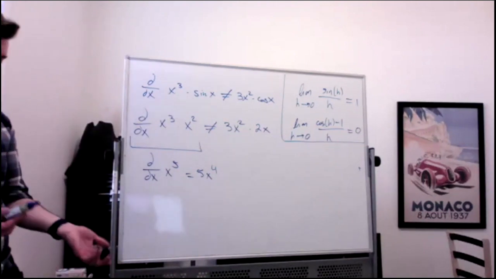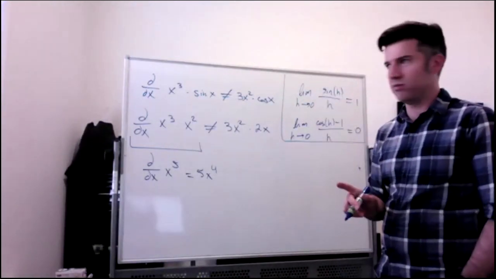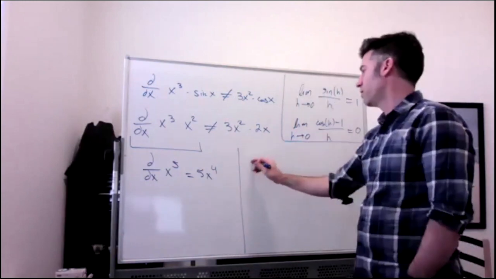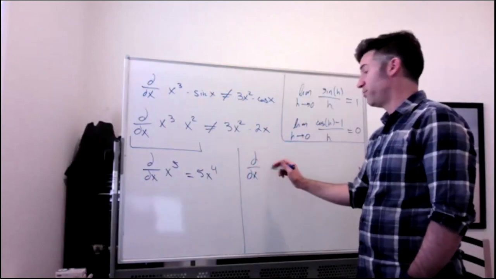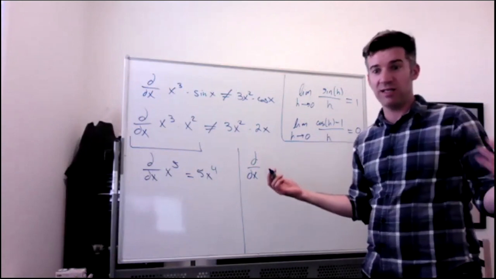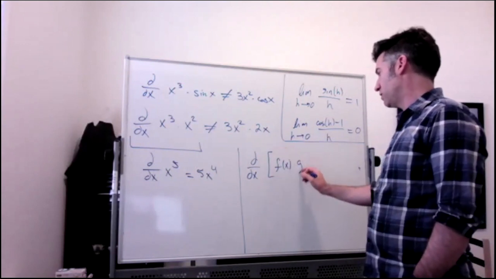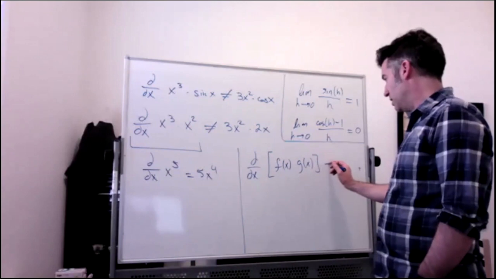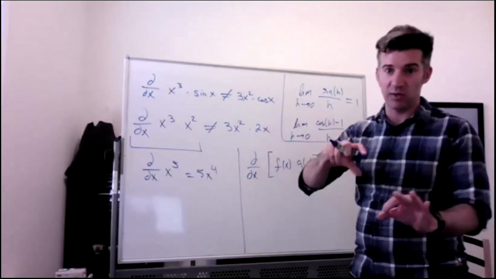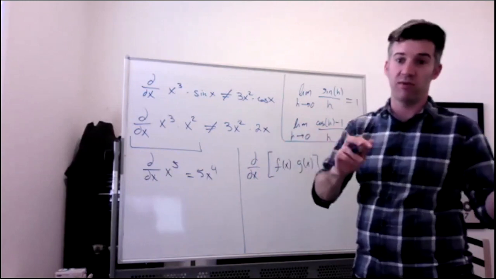So what we need is the thing called the product rule, which I'm going to show you with this example, and then I'll give you a sweet little proof. The derivative of a product of two functions, people usually write f times g, or f of x times g of x. The derivative of f of x times g of x is equal to, the way I always say it in my head, the derivative of one thing times the not derivative of the other thing, plus you switch it: the derivative of the other thing times the not derivative of the first thing.